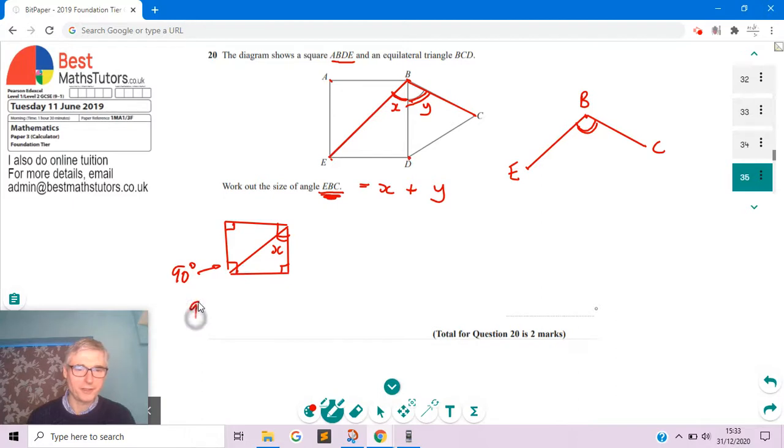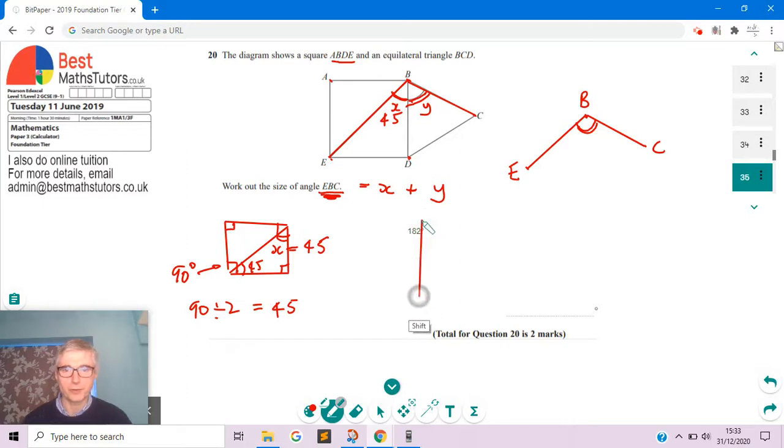So 90 divided by 2 gives me 45 degrees. So that is 45, and X as well is 45. So we've got the X there. X is 45.